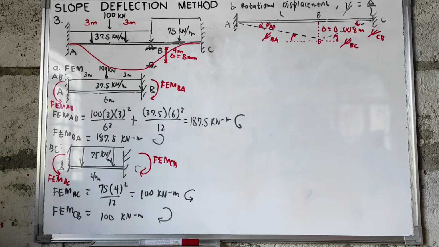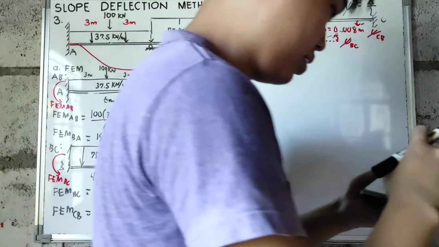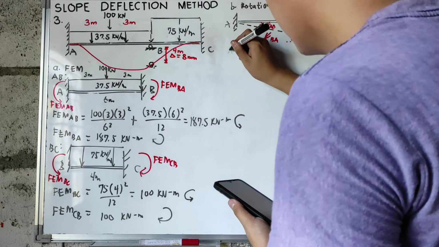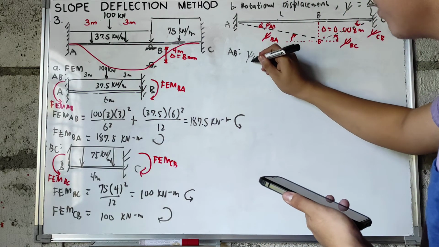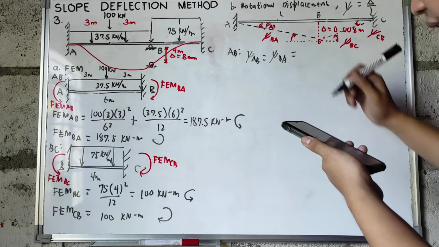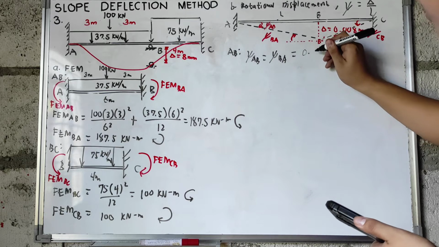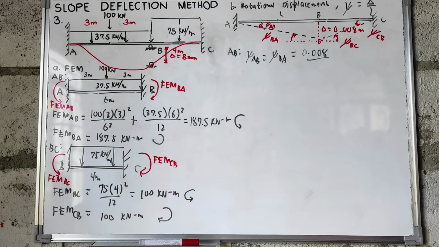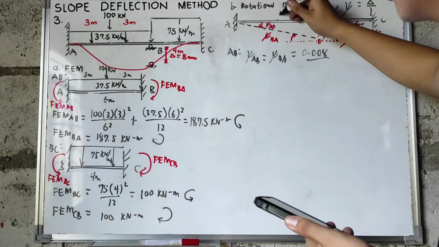So for the span AB, so we have yung psi AB at saka yung psi BA, that is equal to yung delta natin, which is equal to 0.008 all over yung length natin. So that is yung distance natin, which is yung length natin dito is equals to 6 meter.